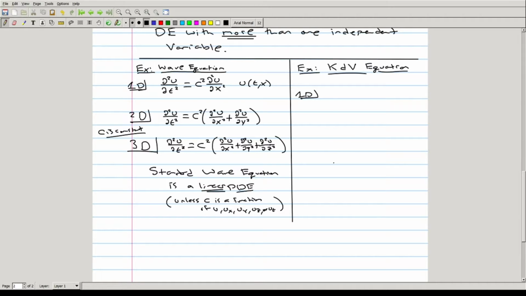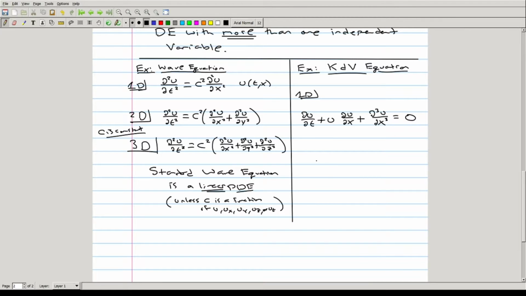But this equation is the partial derivative of u with respect to t plus u times the partial derivative of u with respect to x plus the third derivative of u with respect to x equals 0.